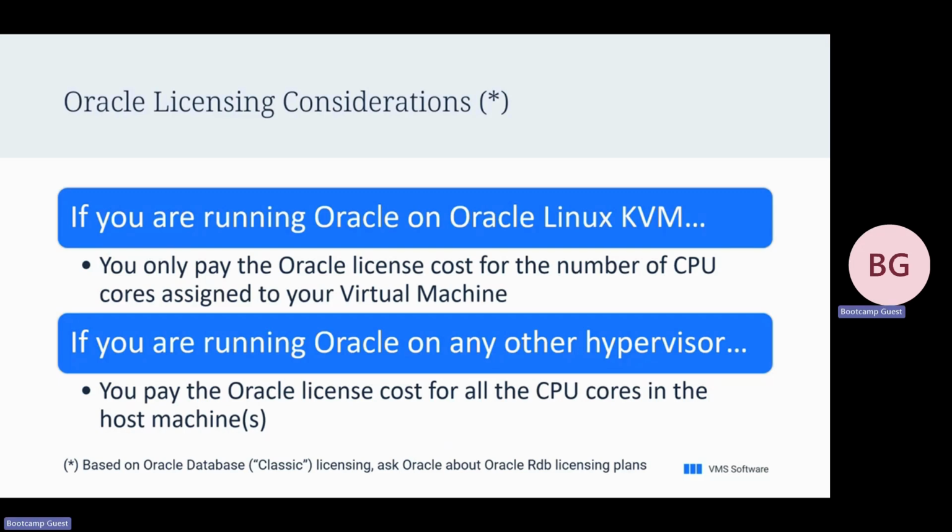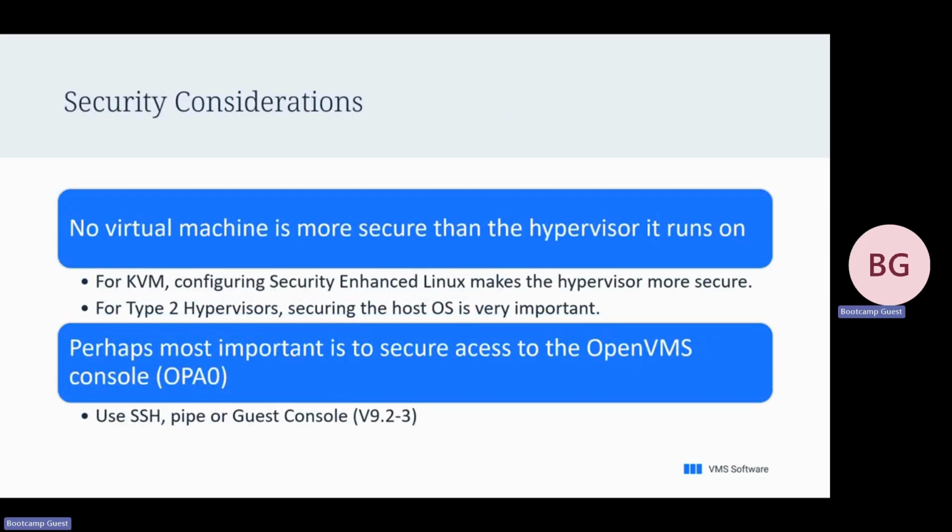Again, I don't know whether this is what Oracle will also do with Oracle Rdb, but it may be something to consider. A small note: if you do this CPU pinning, you're not able to live migrate. Good point. Yes, this CPU pinning prevents live migration from happening. Very good point.